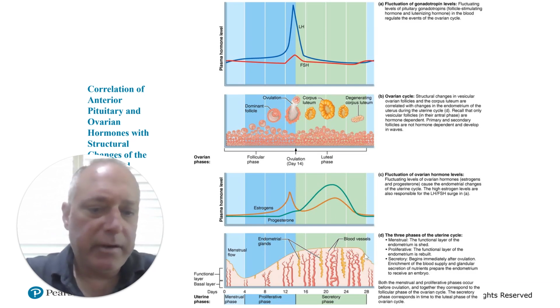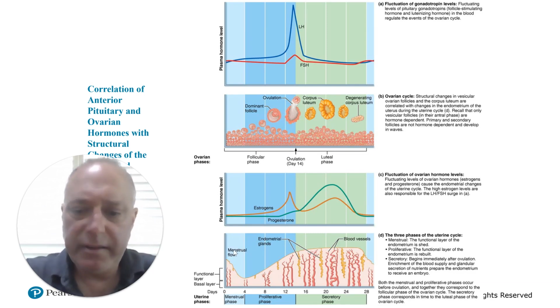And this cycle then will end in the secretory phase. You'll have menstrual bleeding. I think that's the end of the cycle and the beginning of the next cycle.